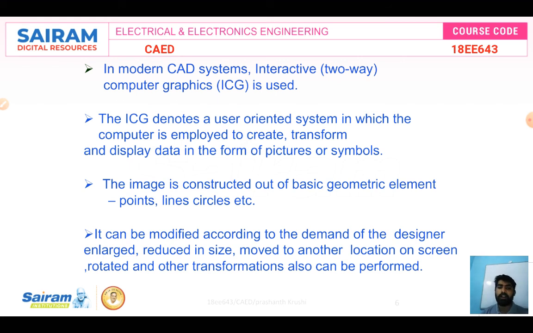Already you people did a laboratory using Solid Edge lab in first year. There are lines, points, isometric projection, like we have done, right? Same thing here also. It can be modified according to the demand of the designer: enlarged, reduced in size, moved to another location on the screen, rotated, and transformation can also be performed.